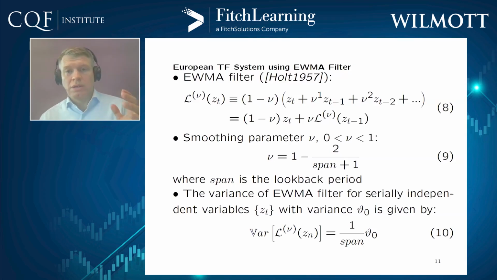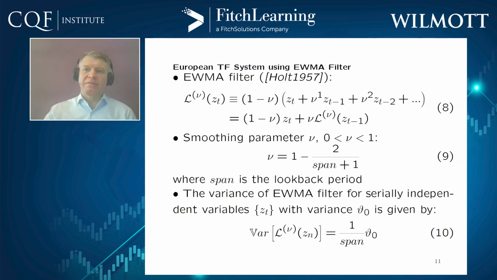Again, most of this works on an EWMA filter, and the reason is that the EWMA filter allows you to overweight the most recent data. It's very simple, of course, and there are many other possibilities for how you can increase the weight of the most recent data. Here, usually people talk of the lookback span. The filter is defined by a smoothing parameter nu, which should be between 0 and 1.